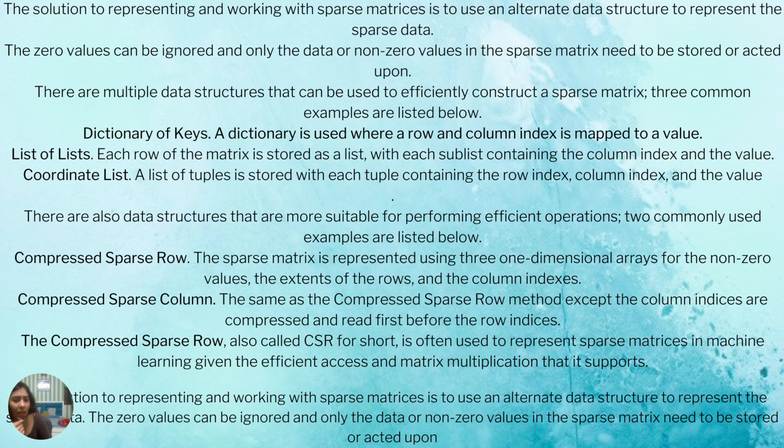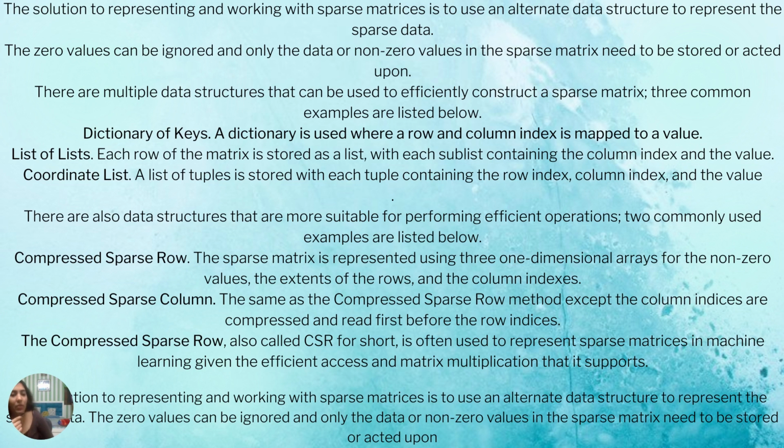There are multiple data structures that can be used to efficiently construct a sparse matrix. Three common examples are listed below. Firstly, the dictionary of keys, where a dictionary is used and a row and column index is mapped to a value.